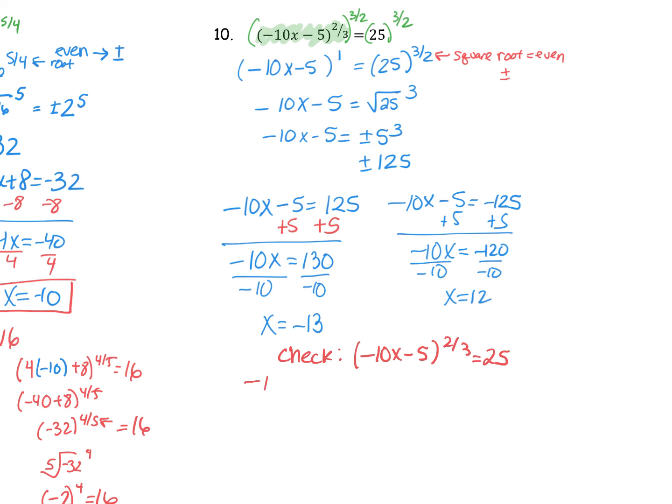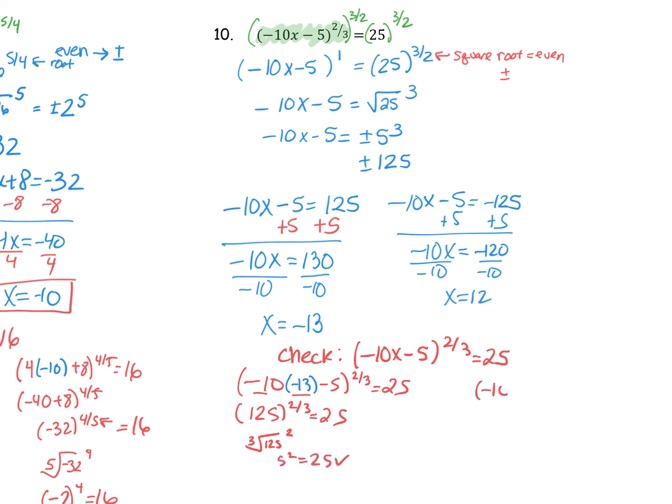So I'm going to have negative 10 times negative 13 minus 5 to the 2/3 power should equal 25. So this would be positive 130 minus 5, which is 125 to the 2/3 power. So I can type that in my calculator or think about it as the cubed root of 125 squared would be 5 squared, which would be 25.